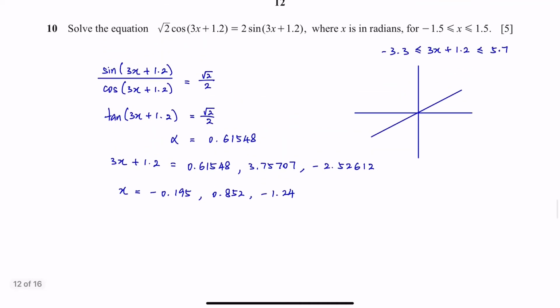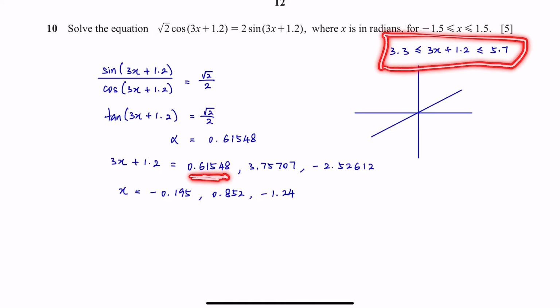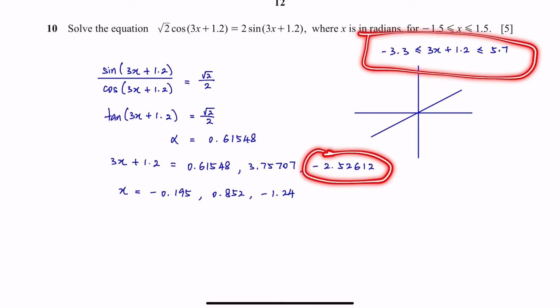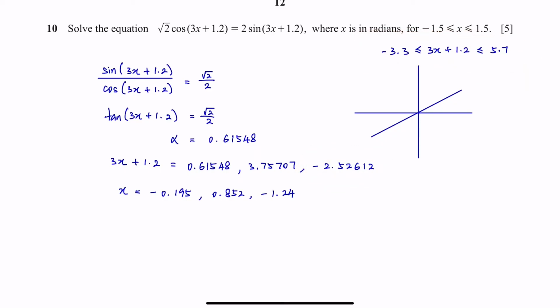It's because you see the range here. If I take this and add 2 pi or minus 2 pi, the answer would not be in this range. For this one, if I add 2 pi, it would be way past 5.7. If I minus 2 pi, I get negative 2.52612, which is still in this range. So I'm good. And that's it.